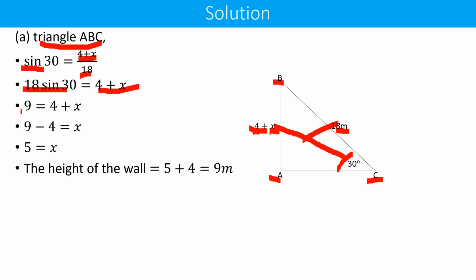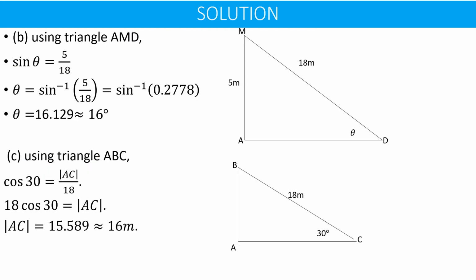So 18 sine 30 is 9, equal to 4 plus x. So the 4 will now move to this side to be 9 minus 4 is equal to x. So x is 5. So the height of the wall itself is 5 plus 4, which is 9 meters. So the height of the wall is 9 meters.